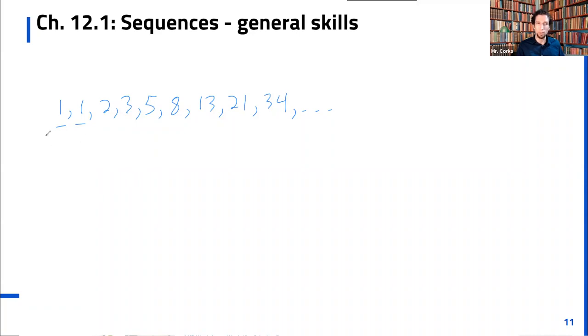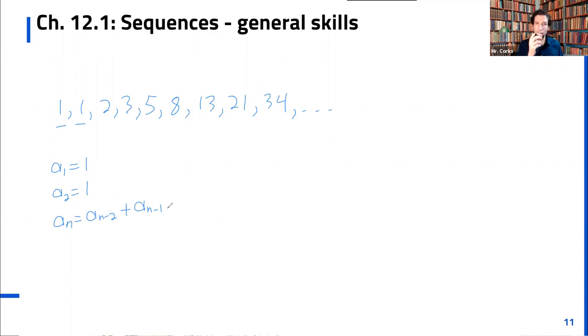Yeah. So the thing that's a little weird about this sequence compared to what we've seen so far, but this can happen, is we just define a1 is equal to 1 and a2 is equal to 1. We just say there's no pattern behind it, here's what they are. But then after that, an is equal to a(n minus 2), the term two terms ago, plus a(n minus 1), the term one term ago.